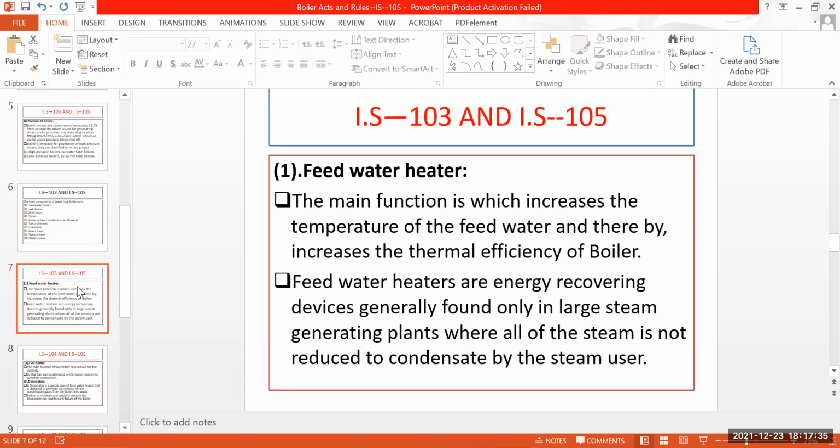Steam generating plants means the gas power plants, where the steam turbines will be there to generate large steam, which will be useful in the production and running of the gas turbines. This steam will be used for different purposes in the gas power plants as well.